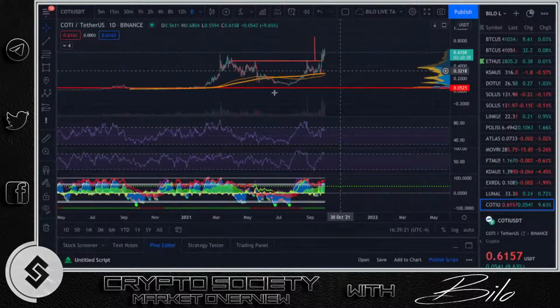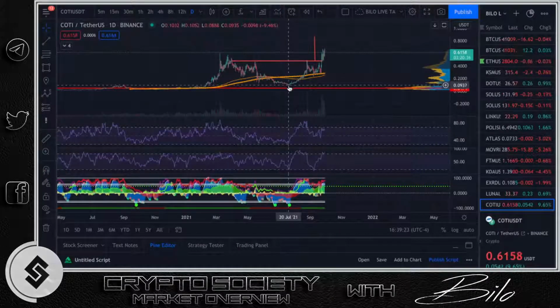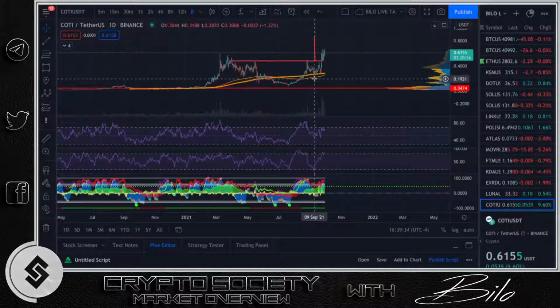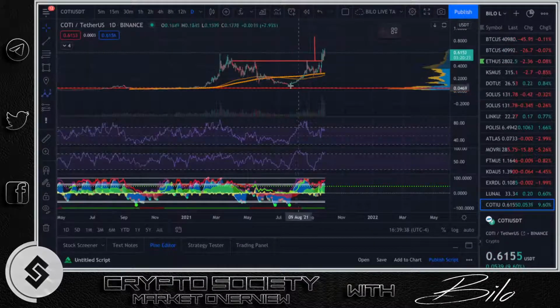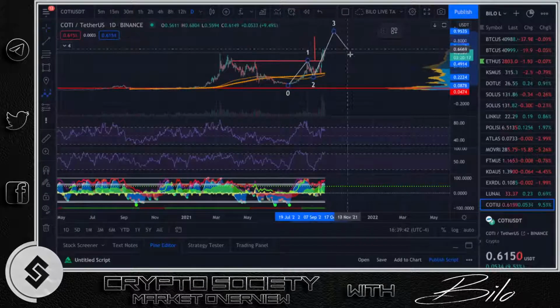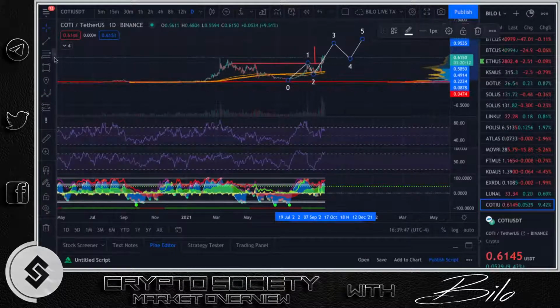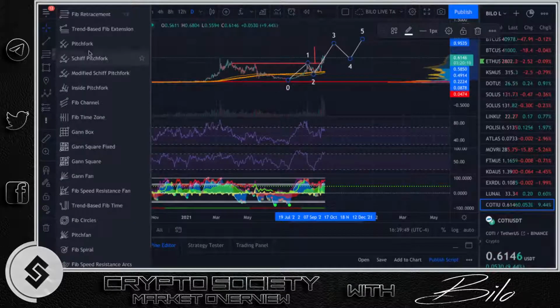Let's do some waves. So this would be the bottom. This would be the start of the wave. This would be wave 1. This would be wave 2. Okay, let's just put this together. 1, 2, 3, somewhere there, 4, 5. Let's make some projections and see if we have any confluences.